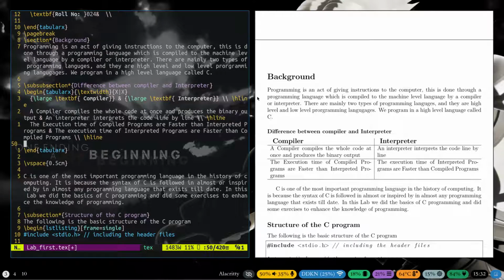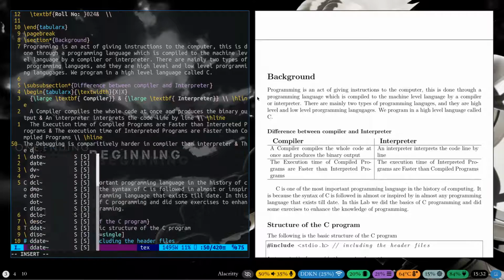Another one is that debugging is comparatively harder in a compiler than in an interpreter.